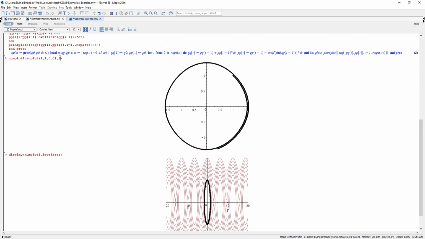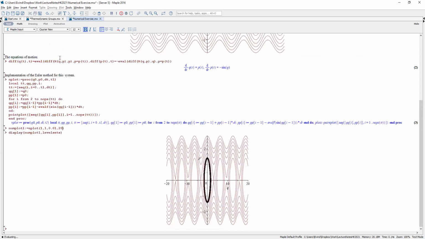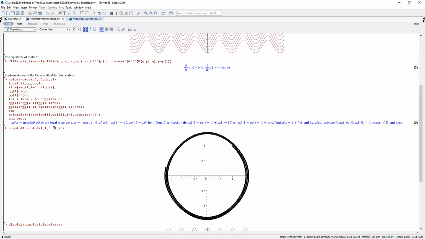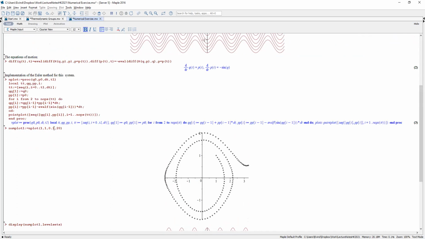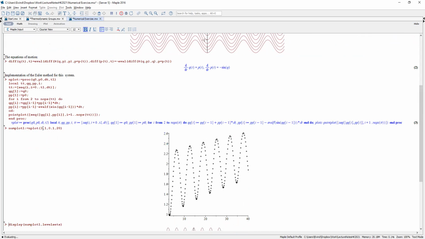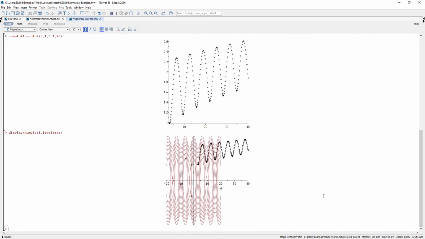It sort of misses it, right? So if we take a bigger distance between the steps, it gets much worse. If you have a time step which is even more than that, then it starts really doing some non-physical stuff.